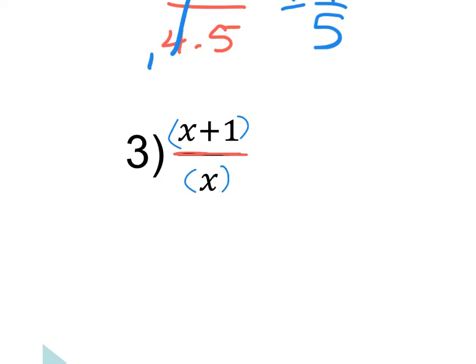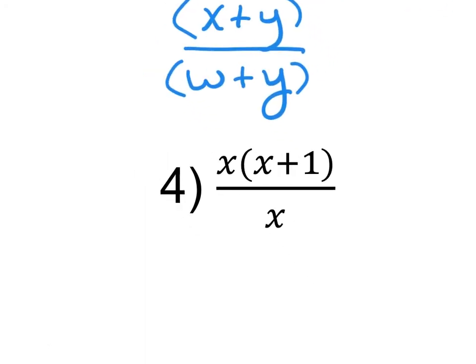So in order to cancel, I would need another x plus 1 in the bottom, or I would need another x in the top that's outside of the parentheses. Because remember, when it's being multiplied, you can simplify it. Like, for example, here it is with the x outside being multiplied. So this will simplify, and my final answer is x plus 1.